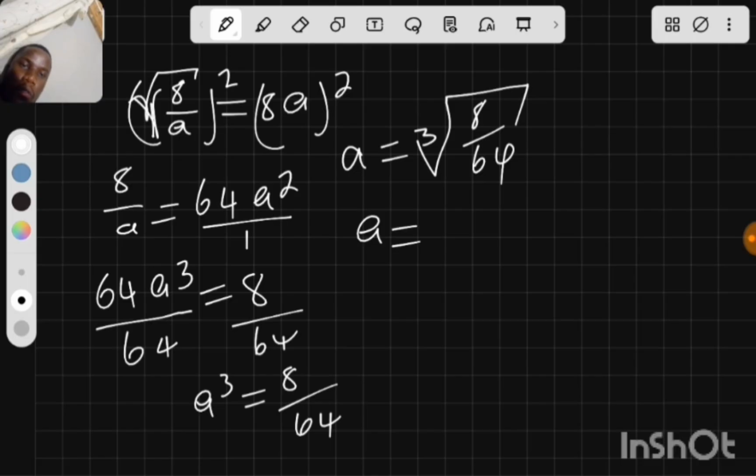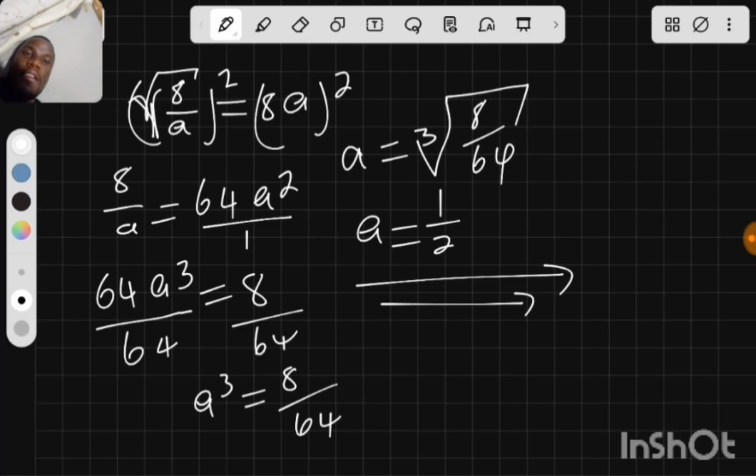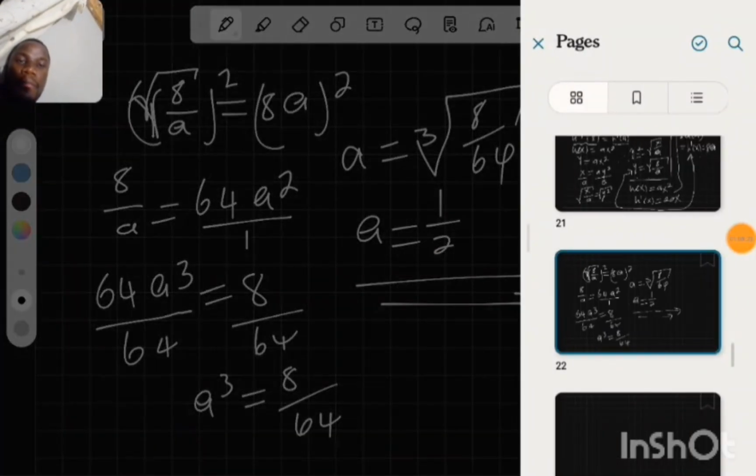Then our a is equal to the cube root of 8 divided by 64, which equals 1 over 2. I'm sure that you understand. Please ask questions if you don't understand. I will reply in the comment section.